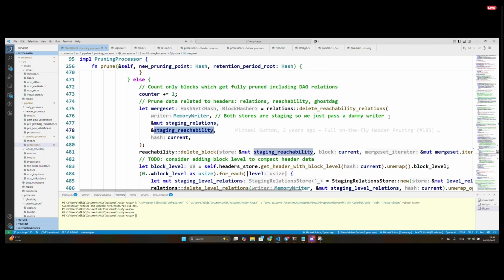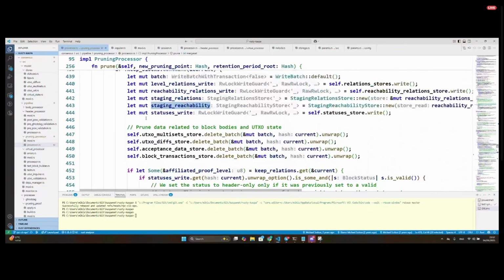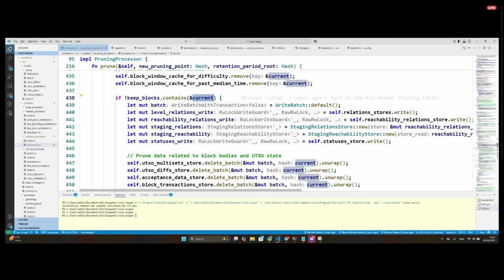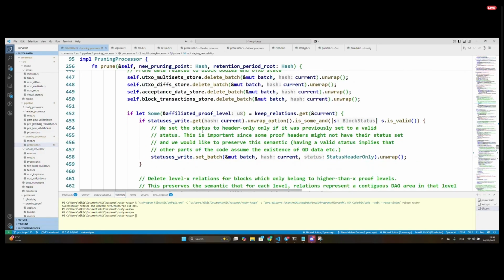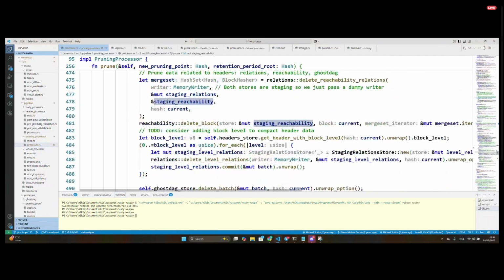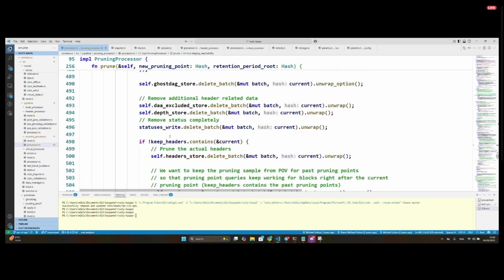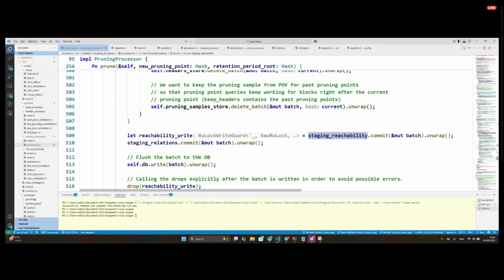There's a batch DB, and we build the staging relations and staging reachability here, right? We're already in the context of some block. We build the staging relations and staging reachability, and then we make the change. So this is always one block at a time. Exactly. So we write all this information to a block and then delete a lot of it a second later.